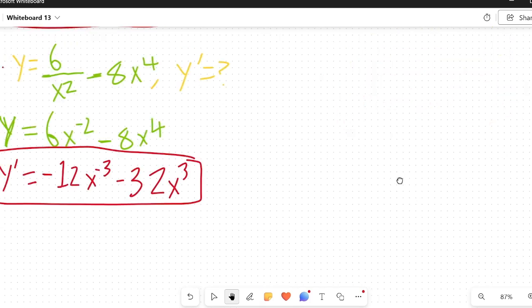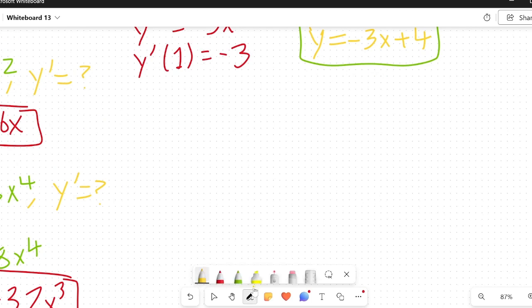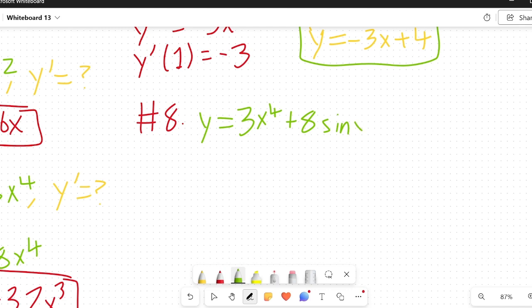But let's mix and match everything that we've learned so far with a quick practice problem with sine and cosine. So problem number 8, right? Let's say that y is equal to 3x to the 4th plus 8 sine x multiplied by 2 or minus 2 cosine of x.